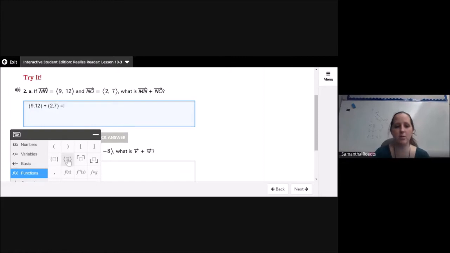And that's going to equal vector 9 plus 2, 12 plus 7, which equals 9 plus 2 is 11, 12 plus 7 is 19.